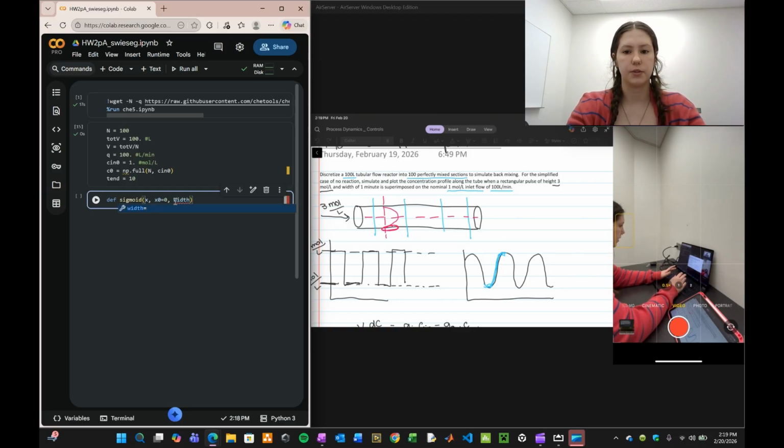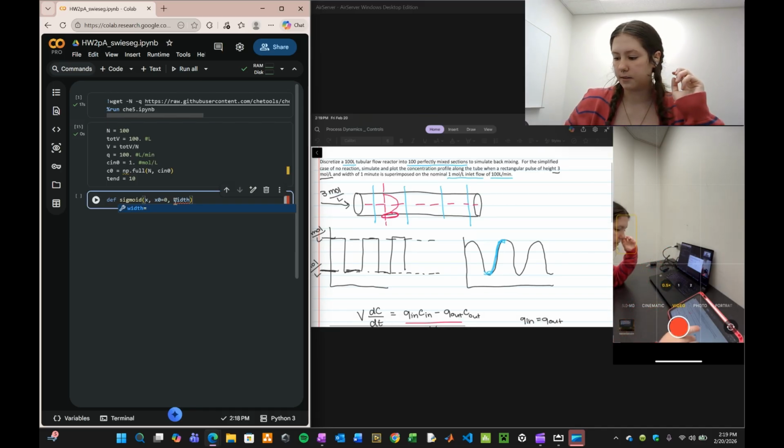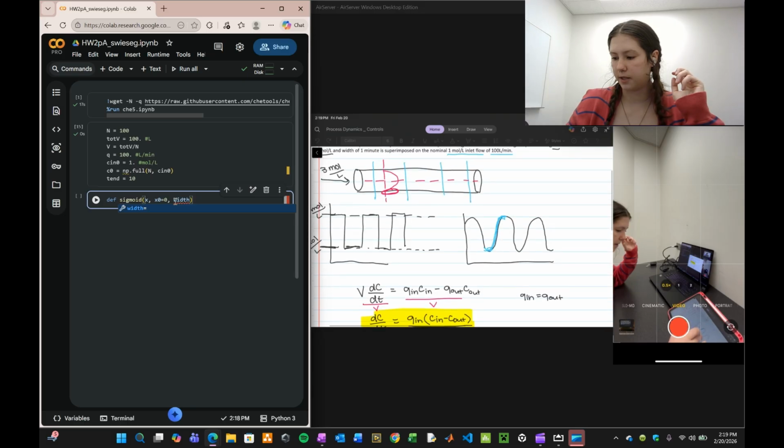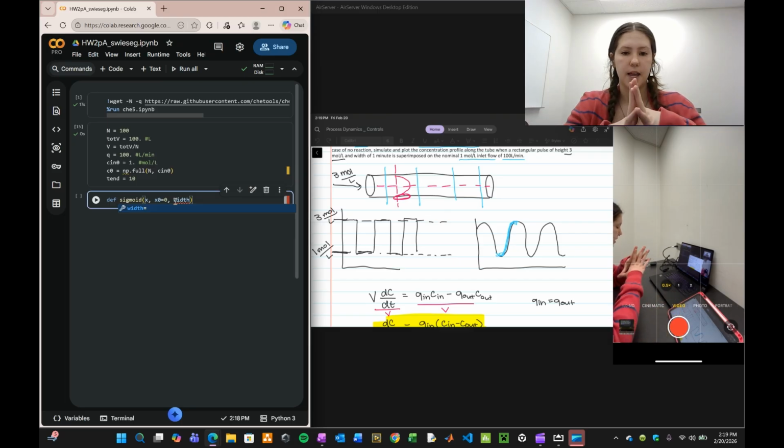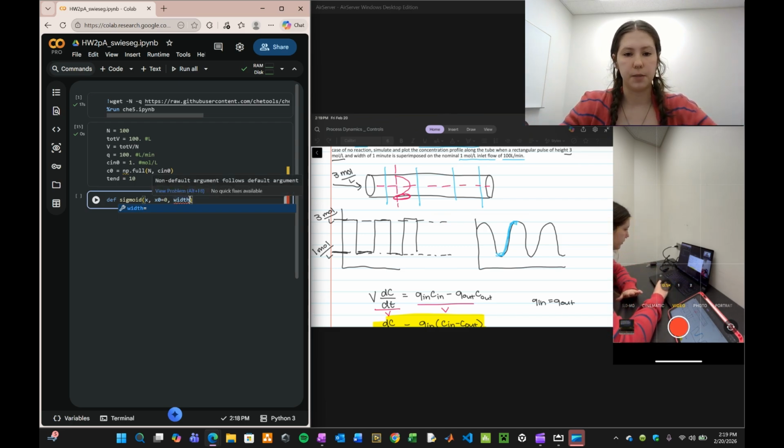And what this width will allow us to do, like I showed earlier on the iPad here, is manipulate how compressed and broadened these jumps and dips in concentration will be. It will allow us to manipulate whether it is a sharp increase or decrease, or whether it is a gradual increase or decrease like this.